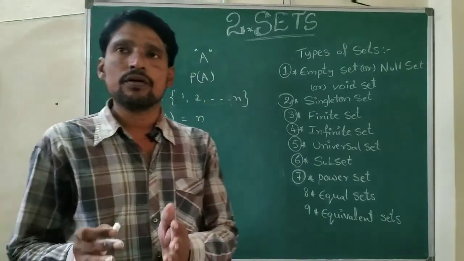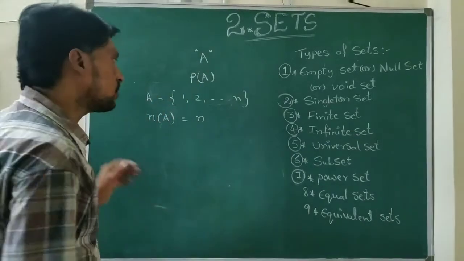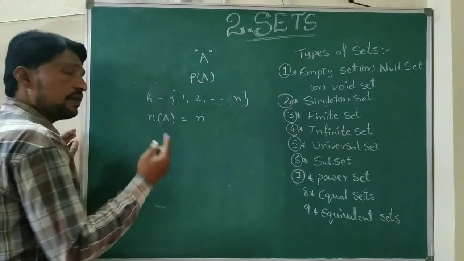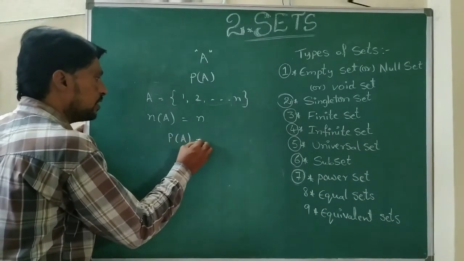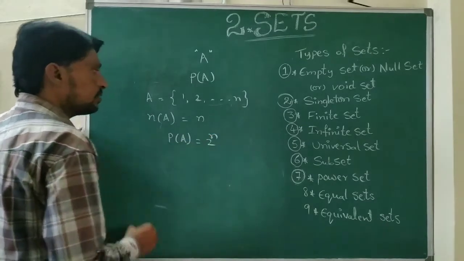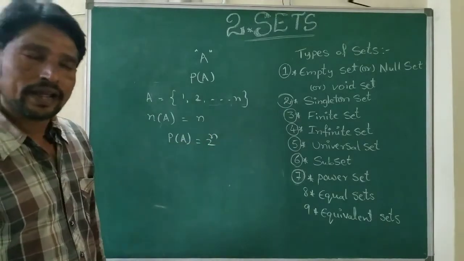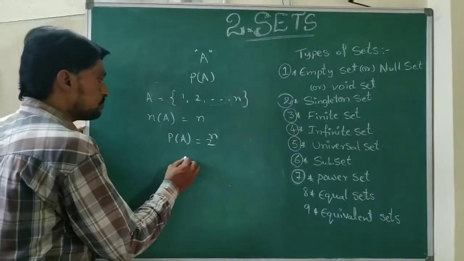The number of elements of A is the cardinal number of A, denoted by n of A. We will discuss the cardinal number afterwards. The number of elements in the power set is P of A equals 2 power n.